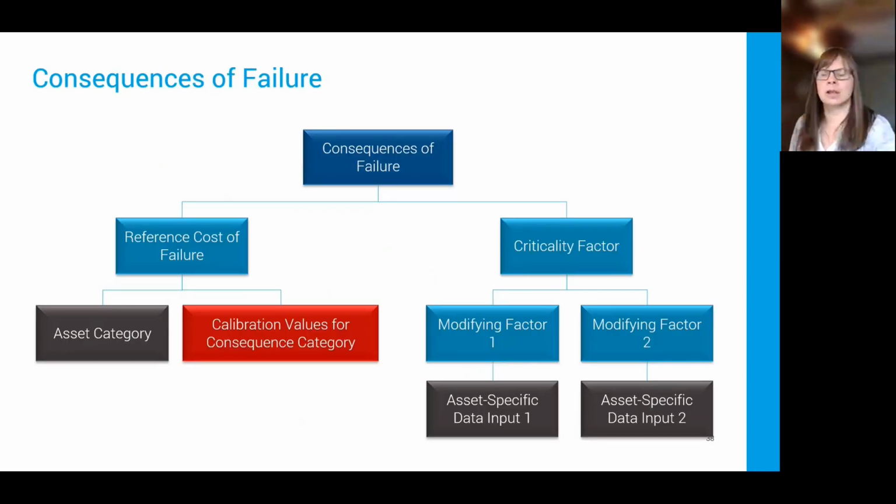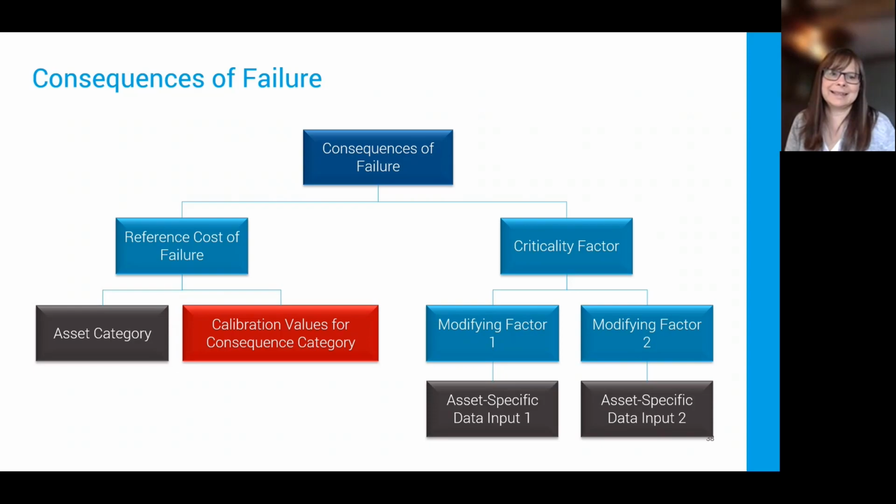And the way that the consequences work is different to the health. For every asset category or asset register category, we start with a reference cost of failure. So this is the average cost for replacing an asset, the average customers affected if the asset is not available anymore.